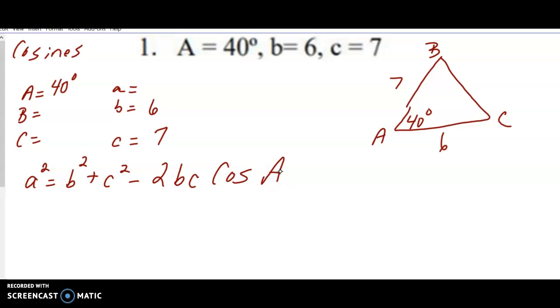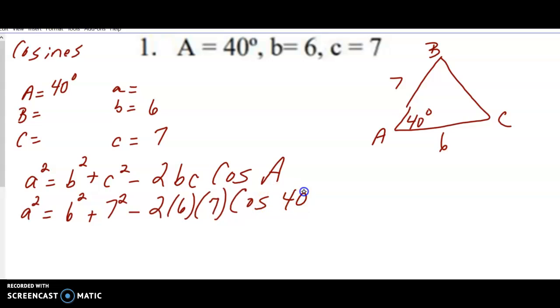And then fill in what you know. So we'll be looking for A first. So A squared equals 6 squared plus 7 squared minus 2 times 6 times 7 times the cosine of 40 degrees.